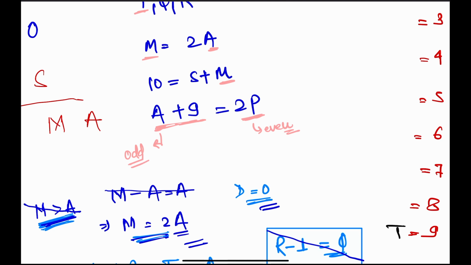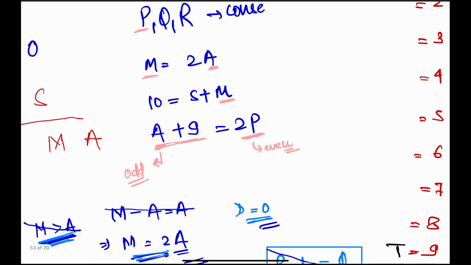So I can already filter what the values of A can be. A can be 1, 3, 5. Okay, one more thing: A cannot be 5. Why can A not be 5? That is a very good question.